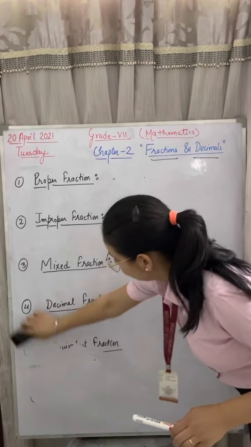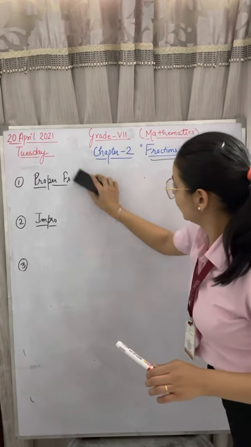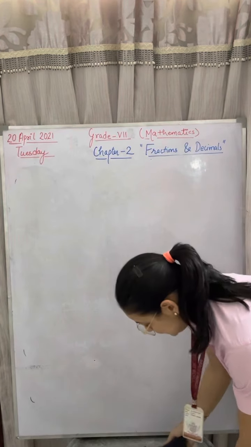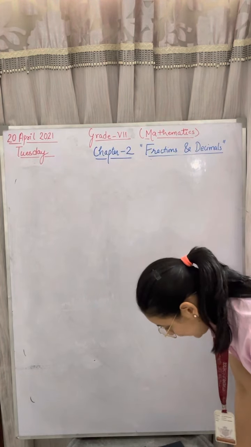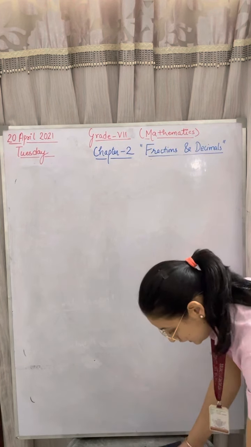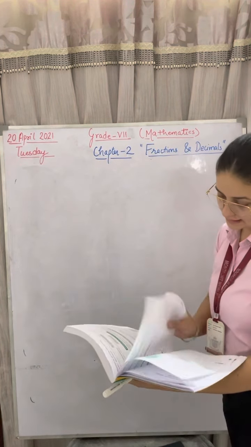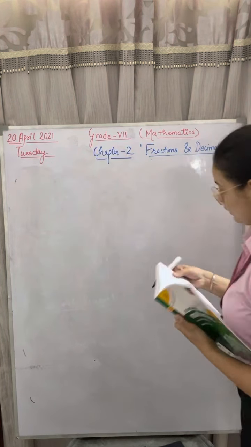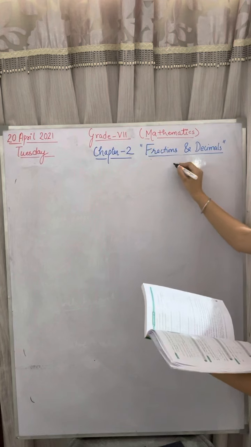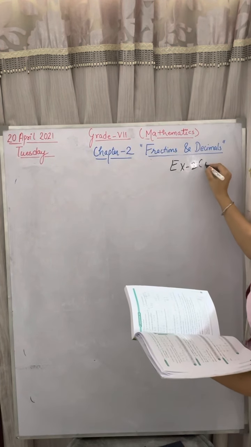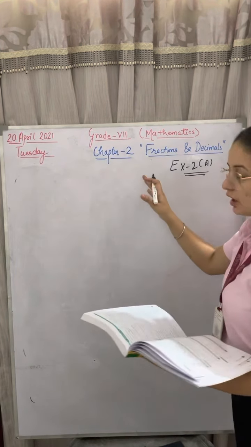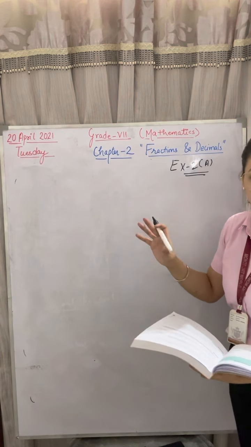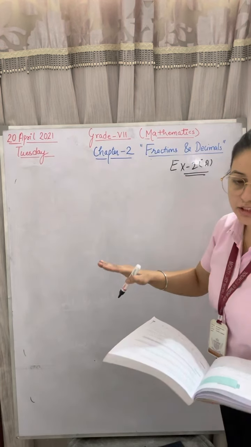Now let's start with the exercise. I'm giving you the first question and I'll ask you one by one. It is very easy. Open exercise 2.1 quickly. In this exercise 2A, you have the concept of fractions, then how you can convert a fraction into the simplest form.